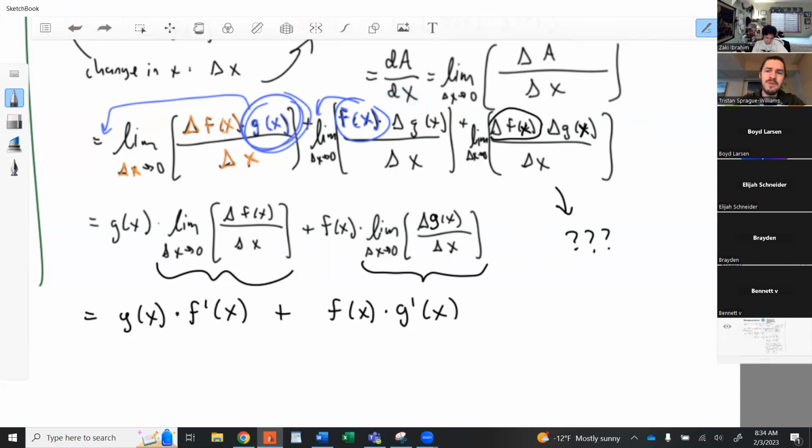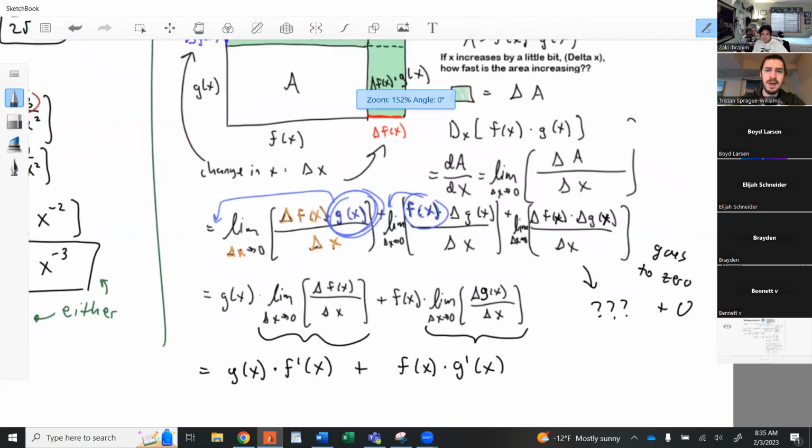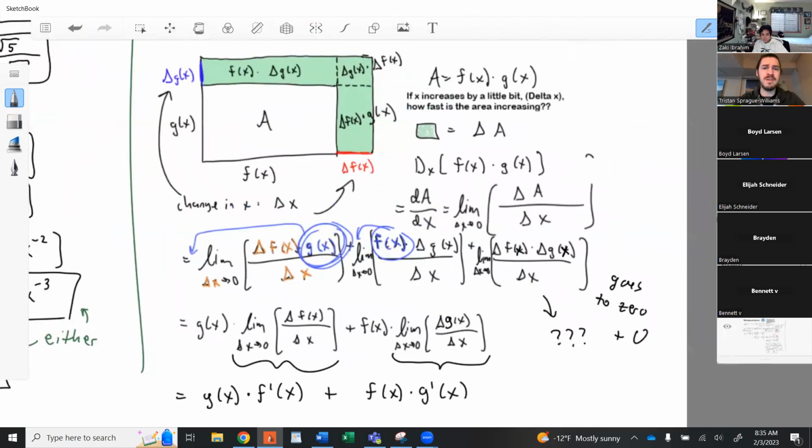The fact that you have two changes that are both going to be approaching zero means that the overall result here is plus zero. It goes to zero. And like I said, I'm going to kind of wave my hands and just ask you to trust me on that one.